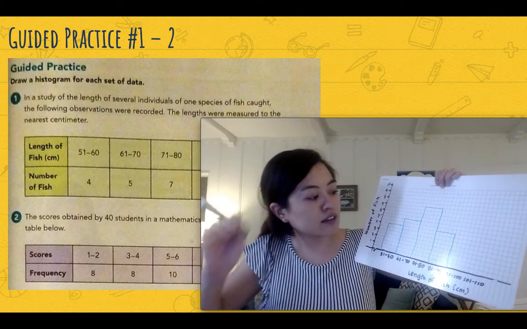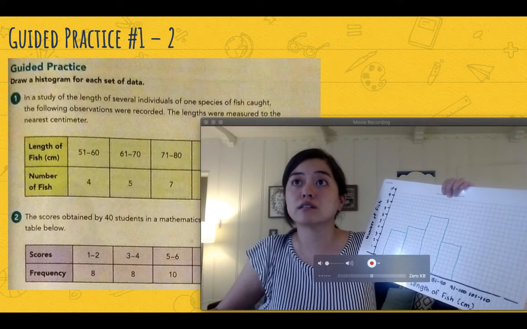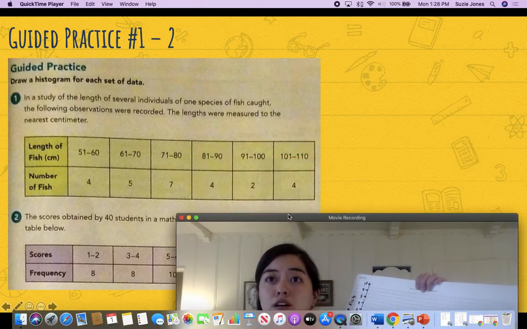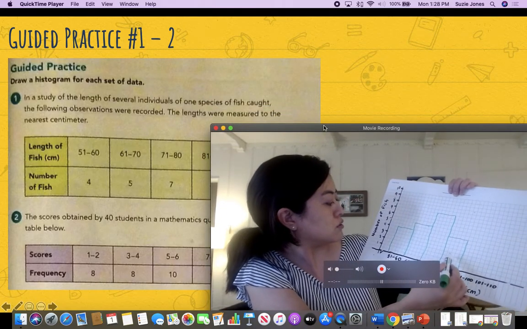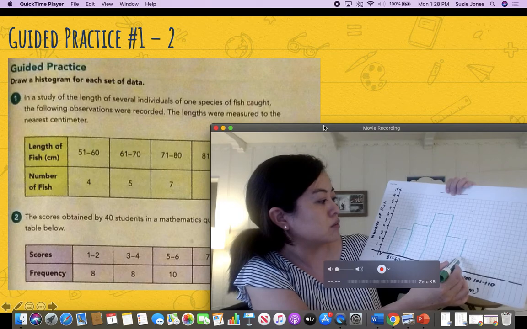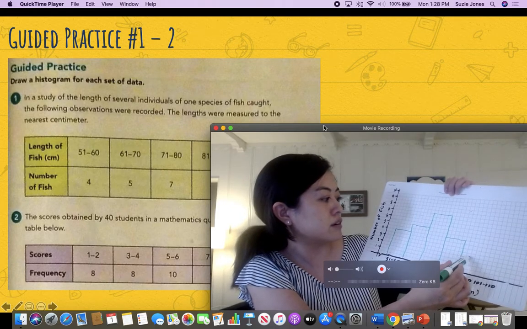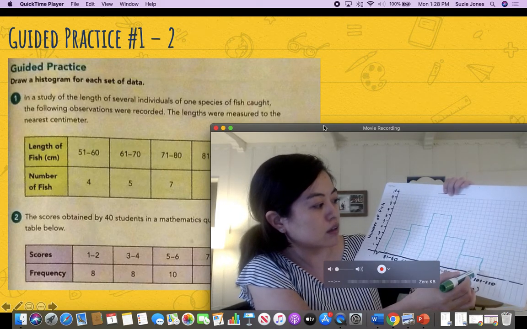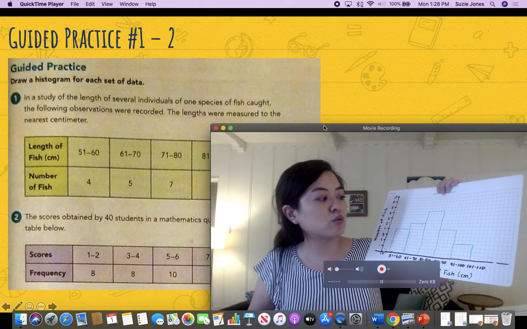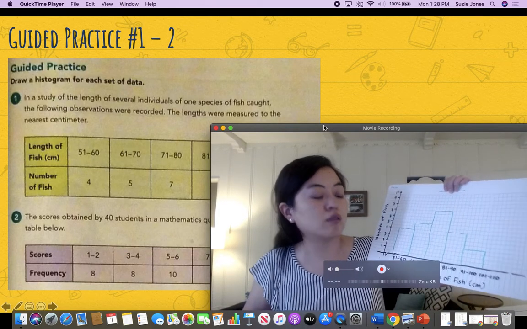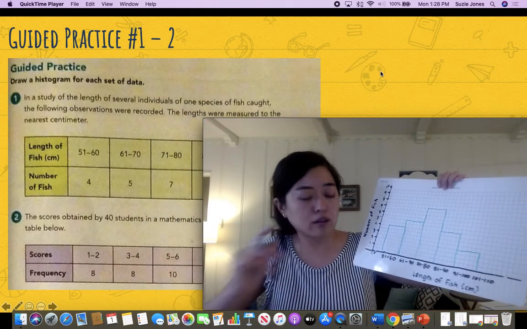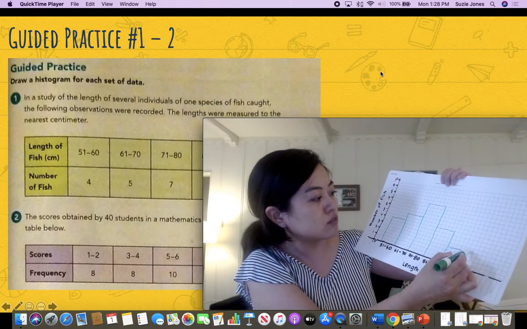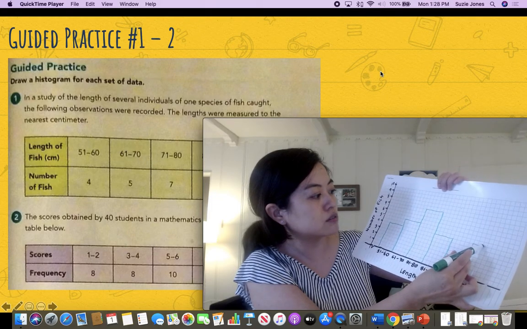And 91 to 100 is 2, which is here. And then finally 101 to 110 is 4. Okay, 101 to 110 is 4, which is right here.